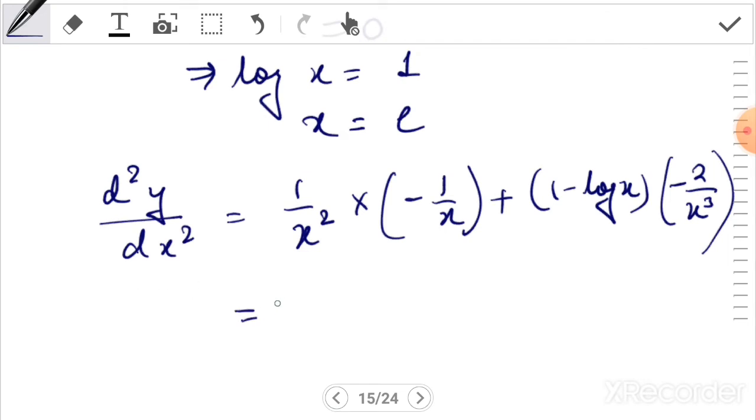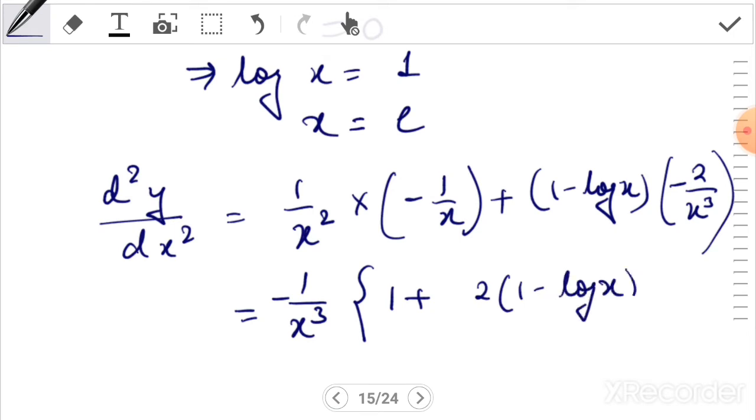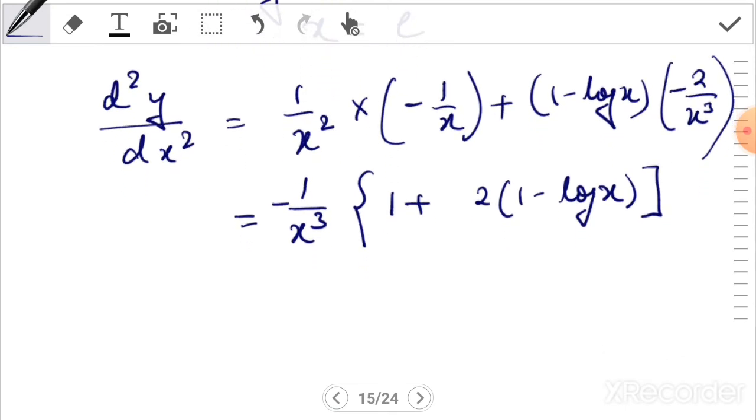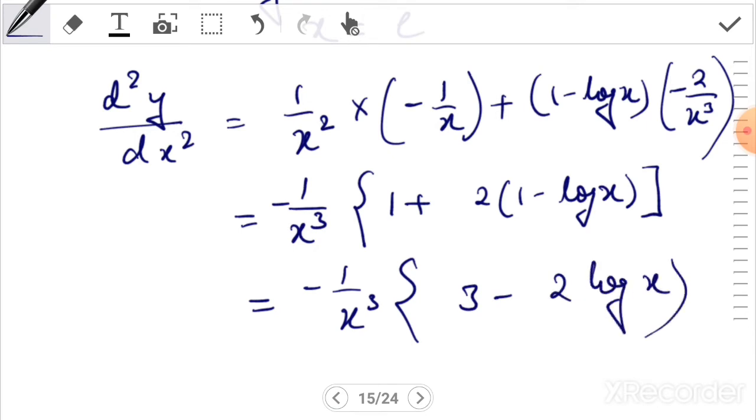So this is minus 1 by x cube into 1 plus 2 into 1 minus log x. So this is the simplified form. You can again write this as 3 minus 2 log x. So now this is simplified.